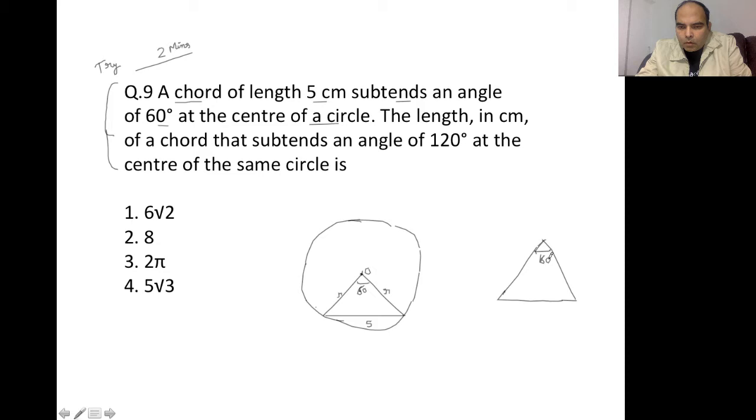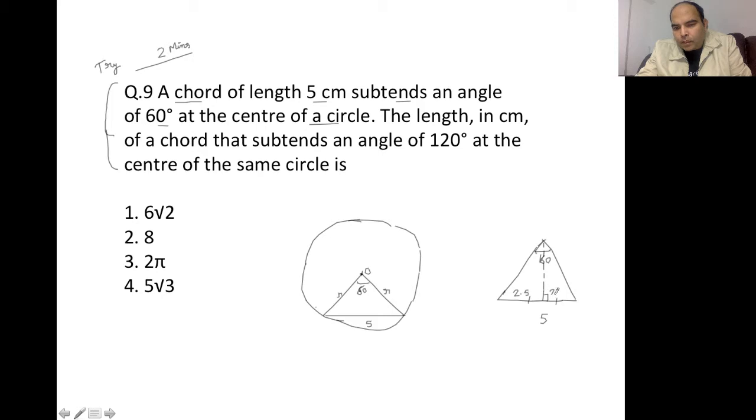So if I drop a perpendicular from the top to the base, the perpendicular will do two things. It will bisect the base into two parts of 2.5 each.